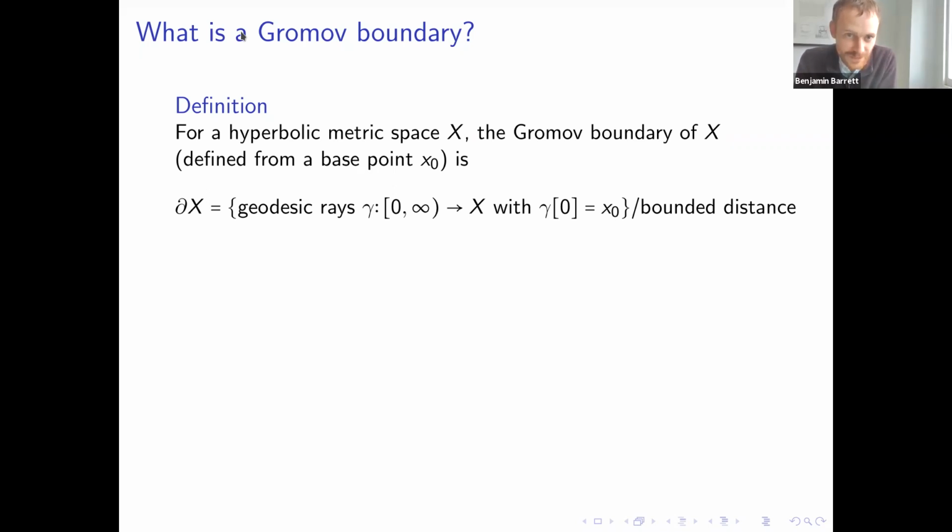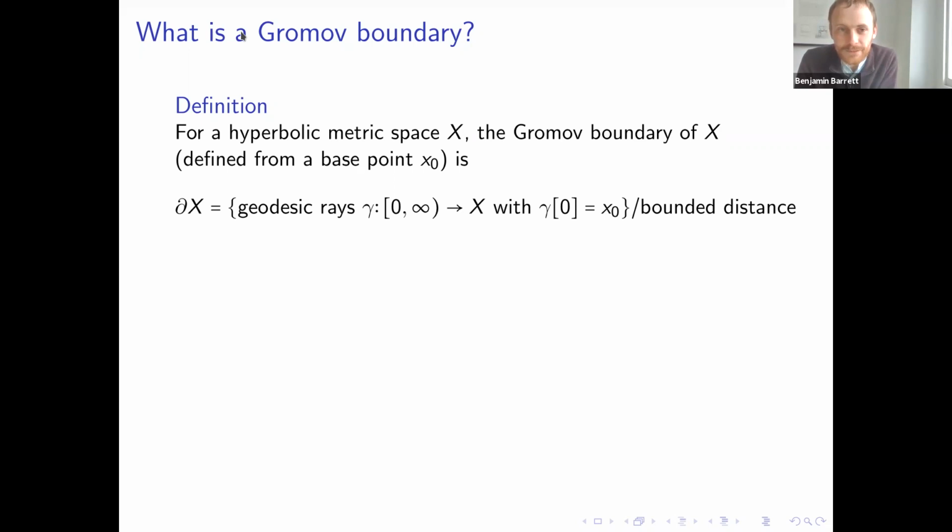Geodesic rays are maps from [0, infinity) to the space, so that for any finite subinterval, the length of the restriction of gamma to the interval is equal to the distance between the images of the endpoints of the interval under gamma.